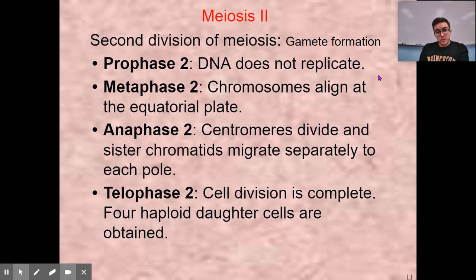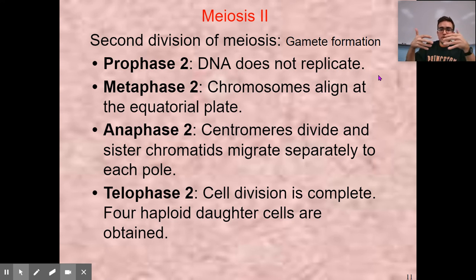So then after we go through all of that, okay, meiosis 1, meiosis 2 occurs. And it's the same process. We still go through prophase, metaphase, anaphase, telophase, we just put a 2 next to it. Prophase 2, metaphase 2, anaphase 2, telophase 2. It's the same process, right?